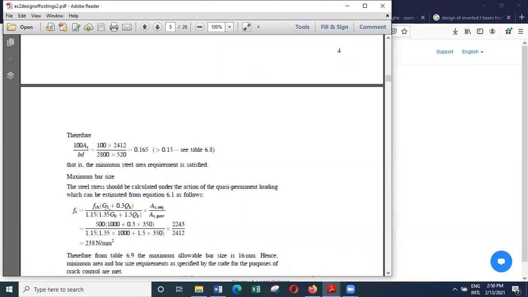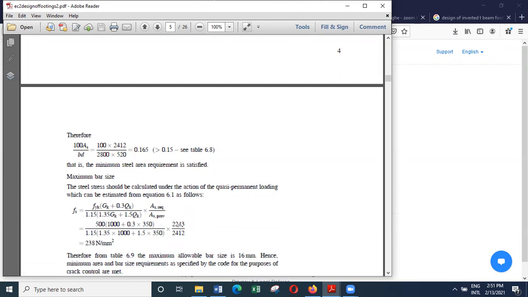But then we consider the probable service condition, and that is the permanent load plus 30% of the live load. And to see the actual stress, you have to use this ratio also, that is the area of steel required and the area of steel provided.